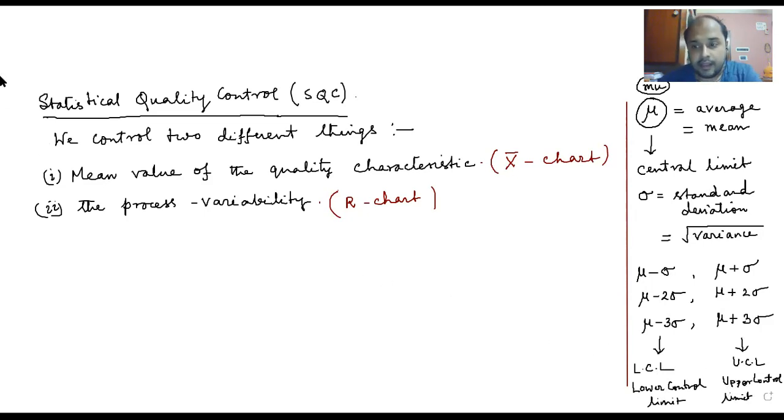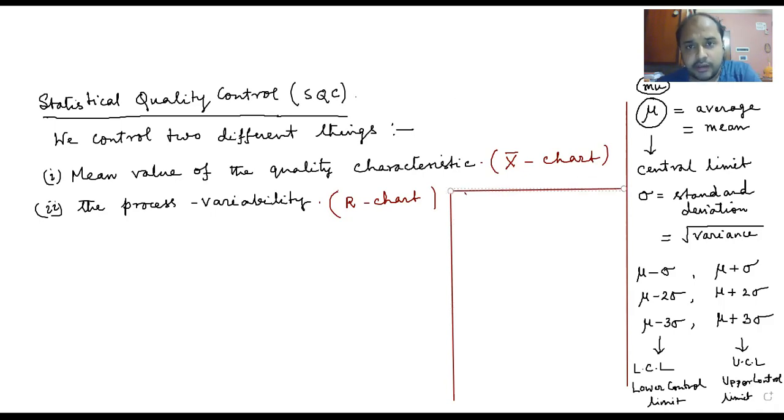And also at some point, I told you that it would be nice if nothing is mentioned about which particular limit, which particular formula we should choose to study statistical quality control.